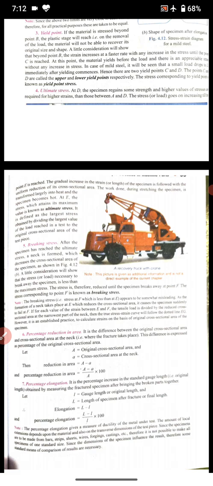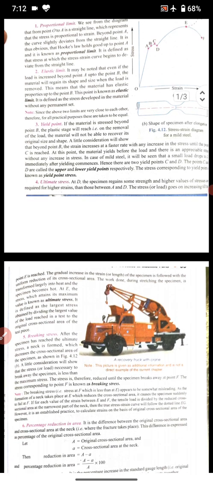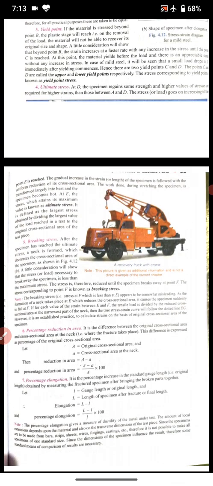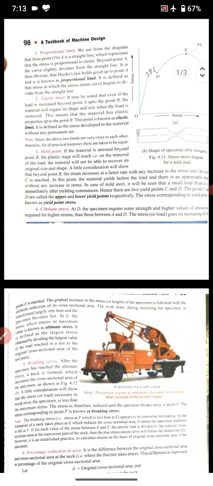The breaking stress appears to be somewhat misleading, that is from point E to F, as the formation of the neck takes place at E, which reduces the cross section area. It causes the specimen to suddenly fail at F. Okay.